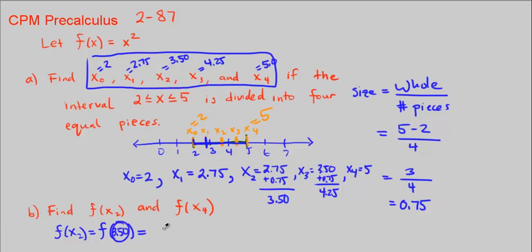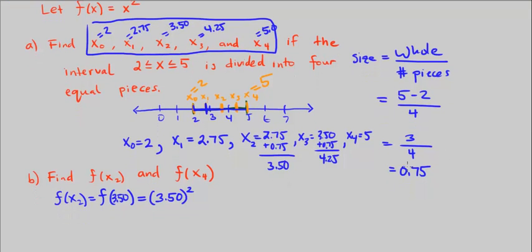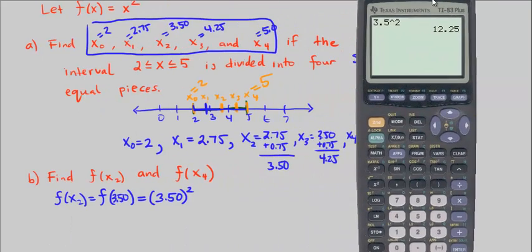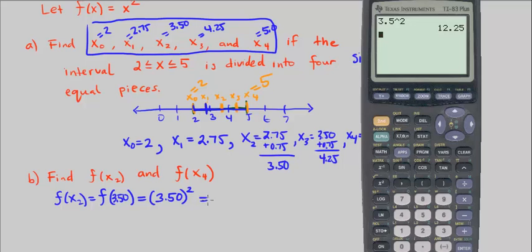So instead of x squared, it's going to be 3.5 squared. Let's bring out our calculators. 3.5 squared is equal to 12.25. So f of x sub 2 is equal to 12.25.